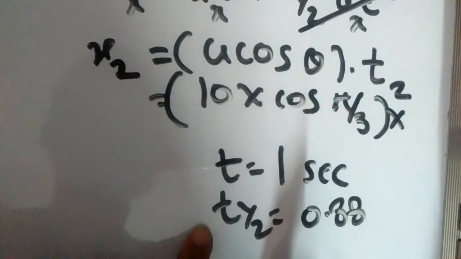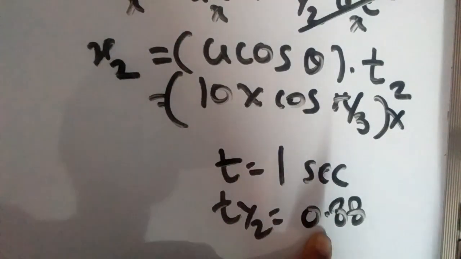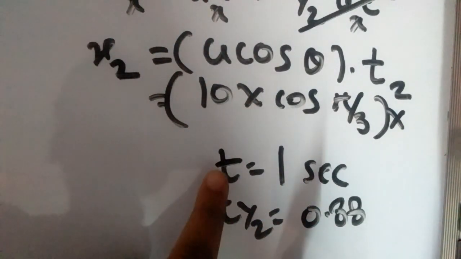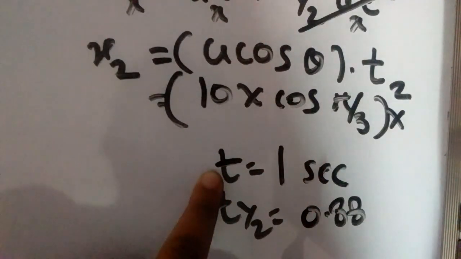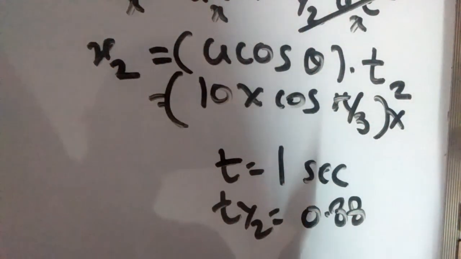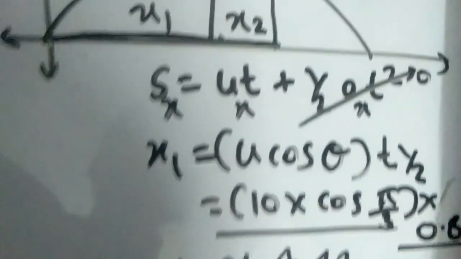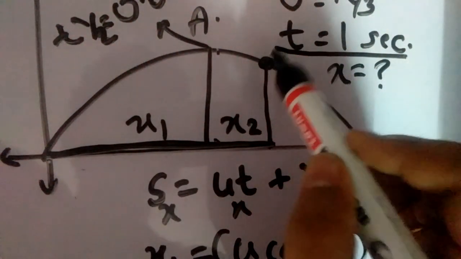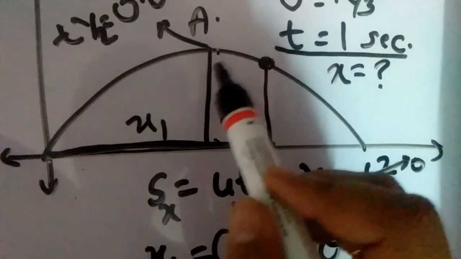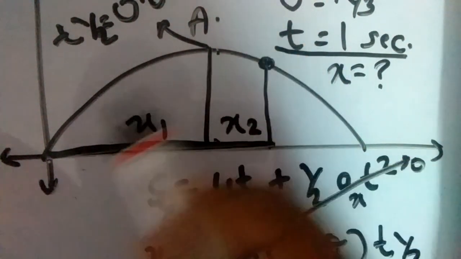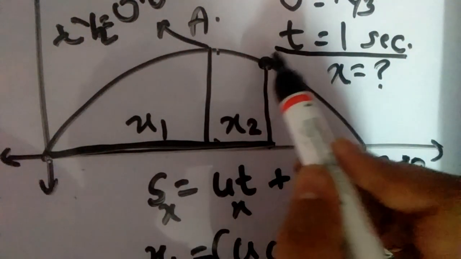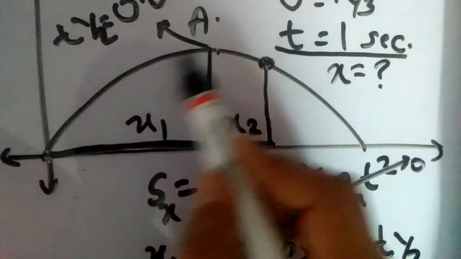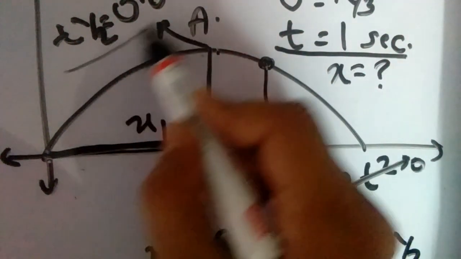The half of the journey is covered in 0.88 seconds, and the time required for the body to come from the origin to this point is 1 second.